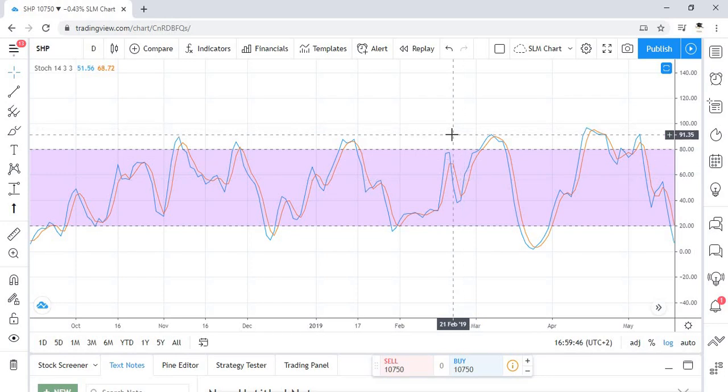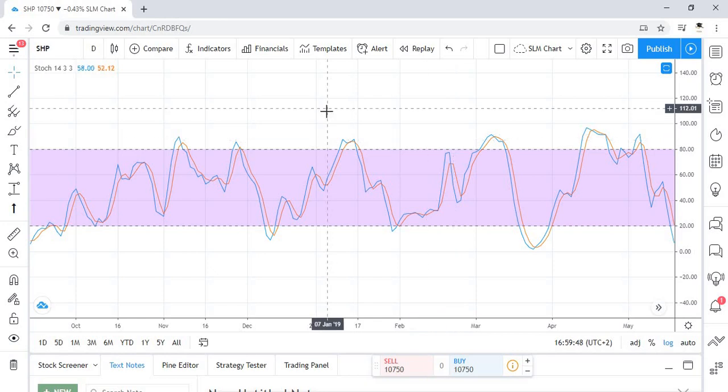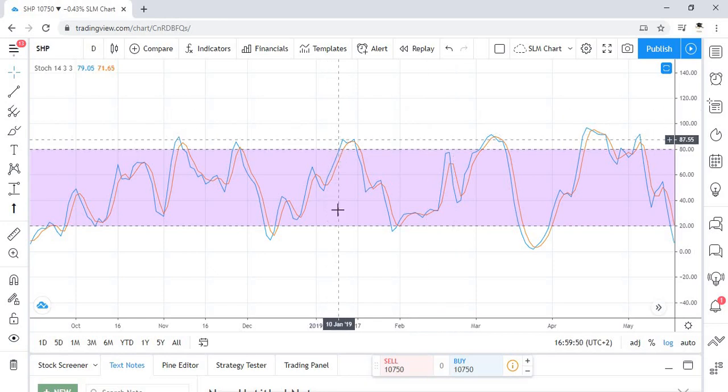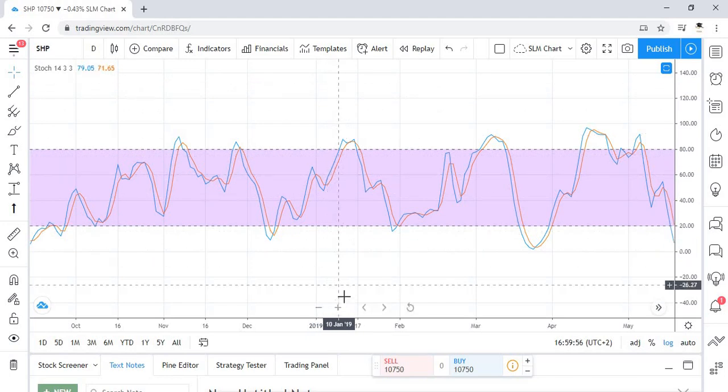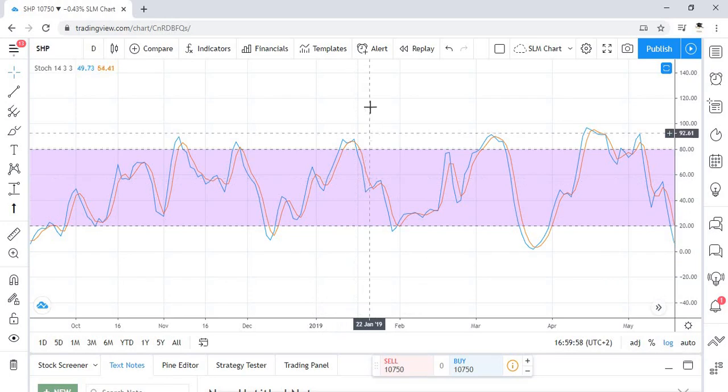Now, how do you use the stochastic indicator? It has got two sections. As you can see, there's a purple middle section, then the upper section and the lower section. Usually, stochastic is great for pointing out what is called overbought scenarios.